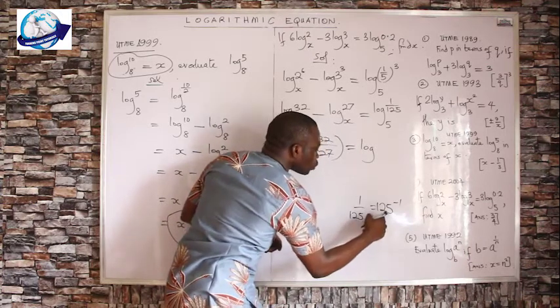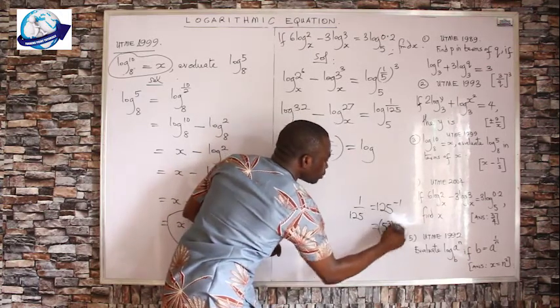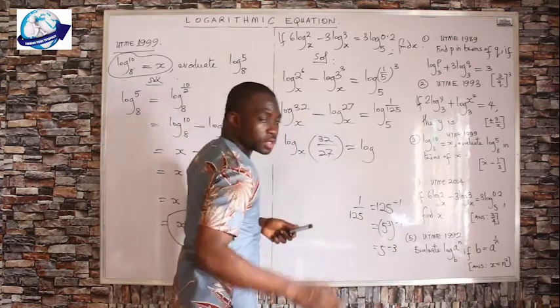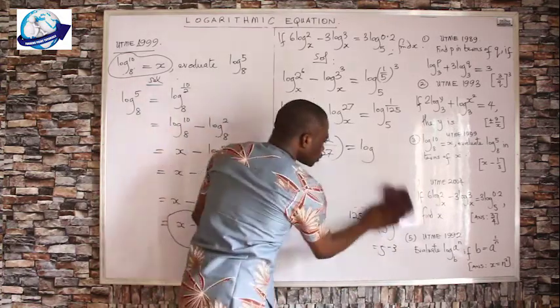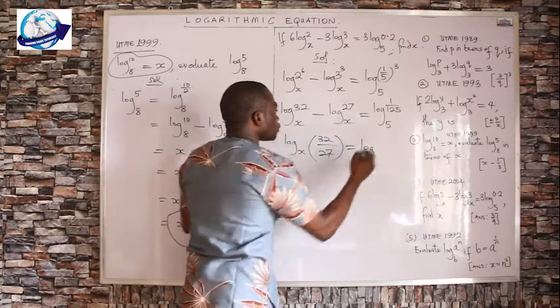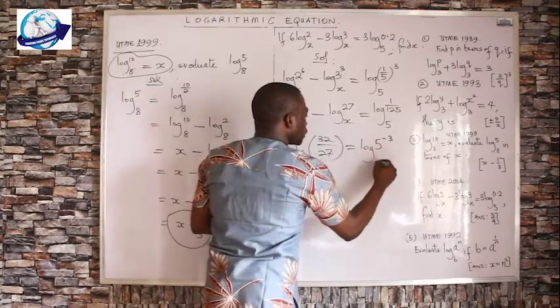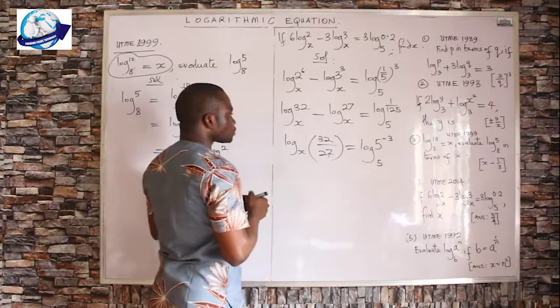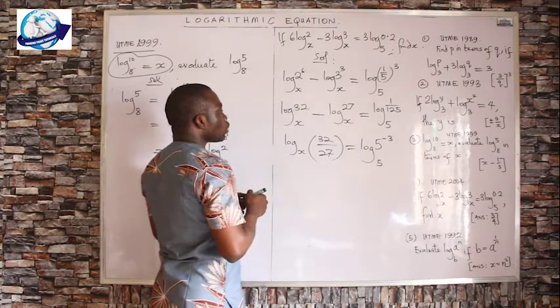And 125 is equal to 5 raised to the power 3, times minus 1. When 3 multiplies minus 1, you get 5 raised to the power minus 3. I believe you're getting me. Okay, this is what you have now. So here becomes 5 raised to the power minus 3 base 5.